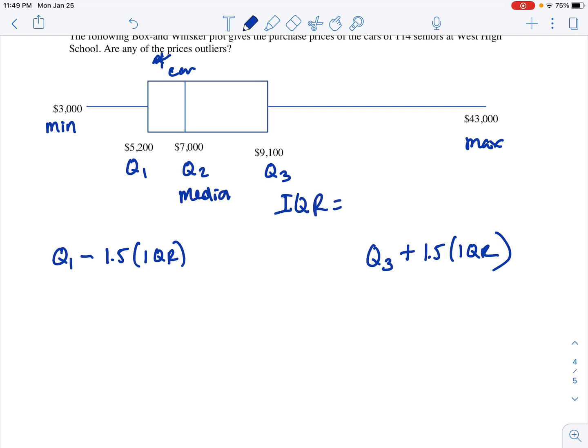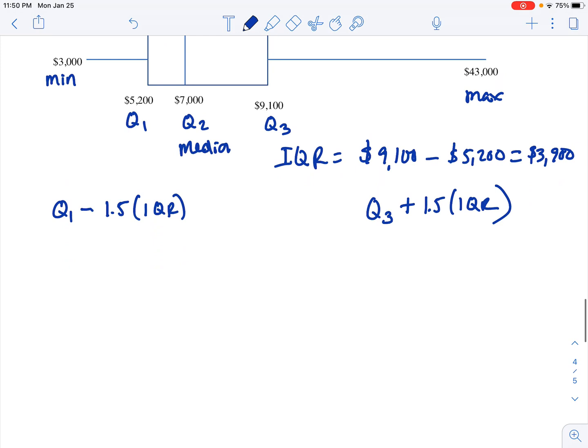That's going to give us 9,100 minus 5,200, which equals 3,900. So that's our IQR.